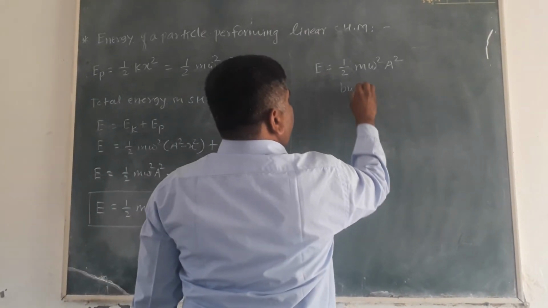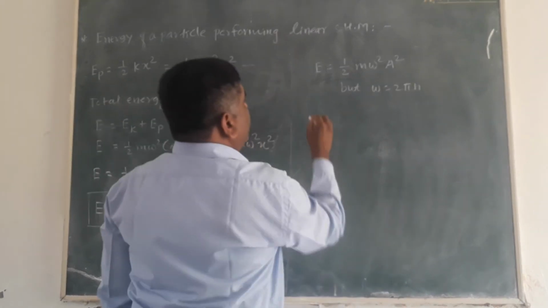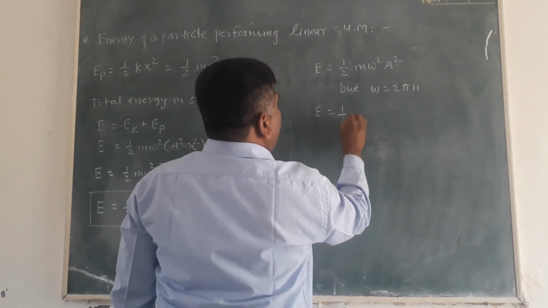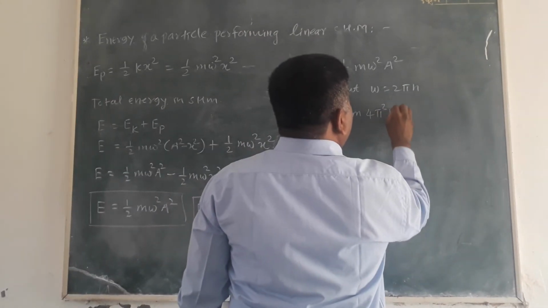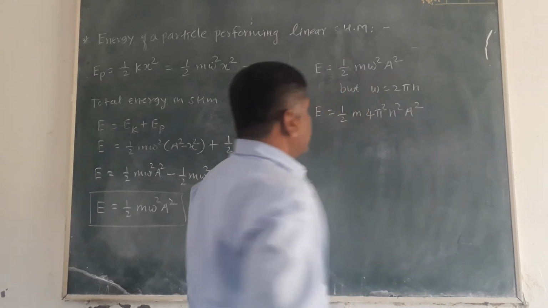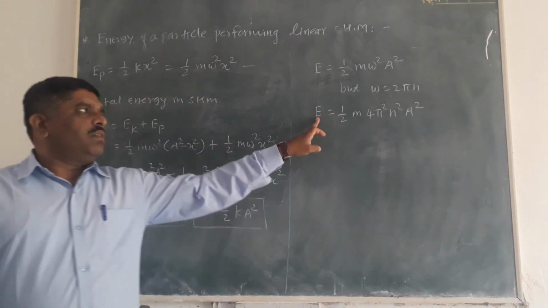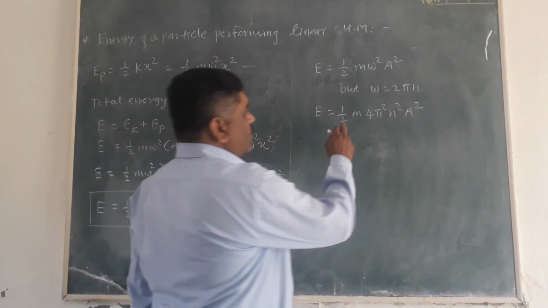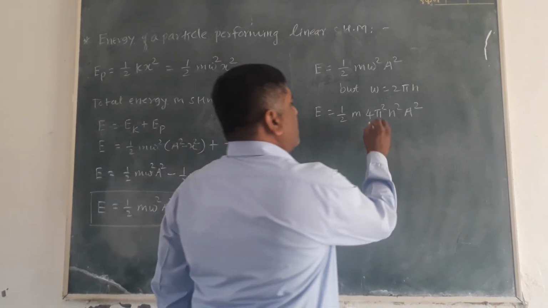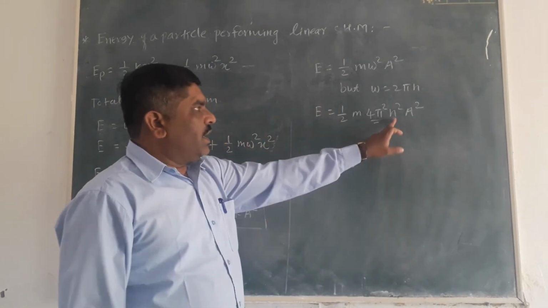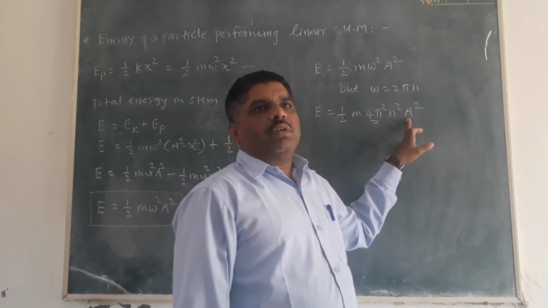But omega is equal to 2 pi n. Therefore, E is equal to half m 4 pi square n square a square. Where E means total energy in simple harmonic motion, 1/2 is constant, m means mass of particle, 4 pi square is constant, n means frequency of particle, and a means amplitude of particle.